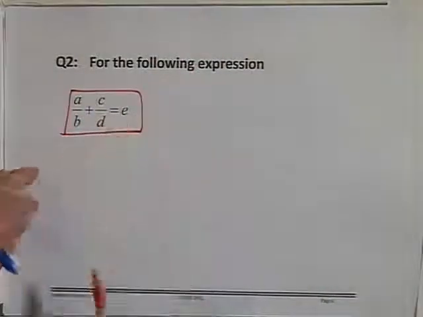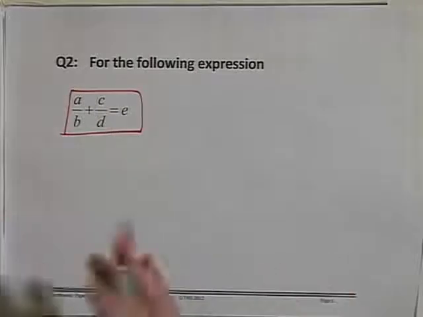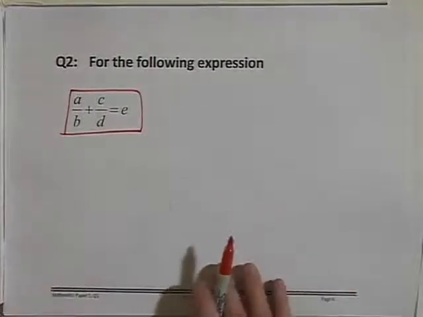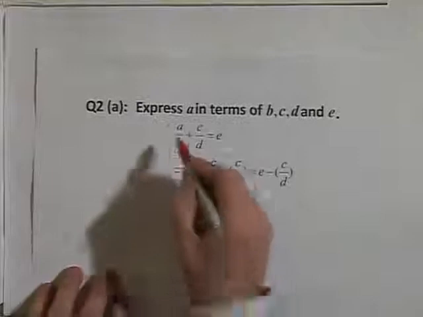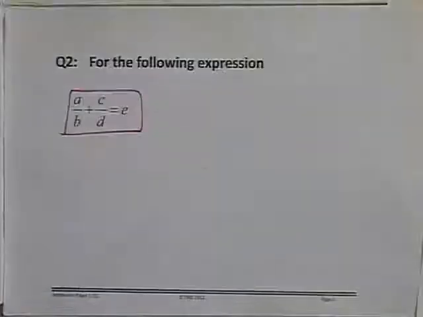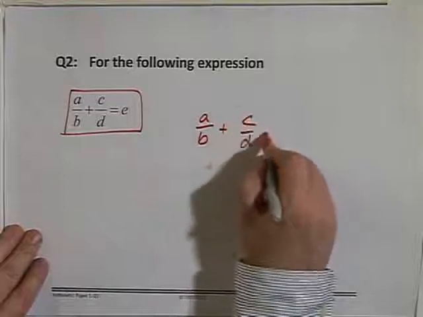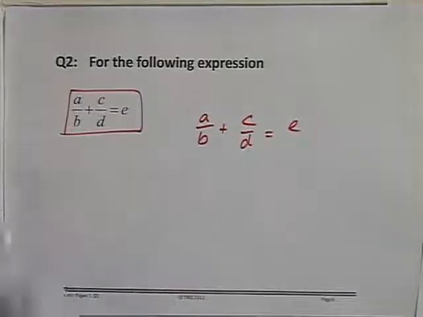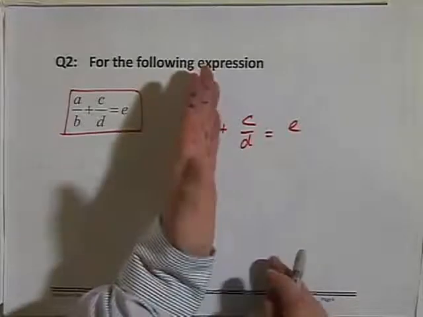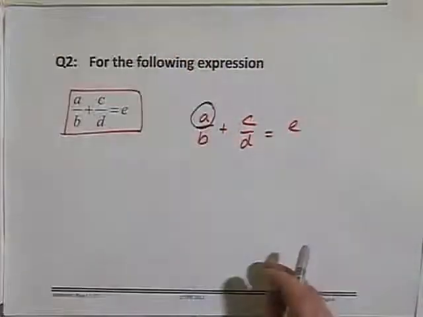Now we'll move on a little bit, and we'll say A over B plus C over D is E. So you have more on the left, and now I'm looking to express A in terms of that. So A over B plus C over D is E, and my field of interest is A. Well, all I'm doing is getting rid of anything I don't like on the left-hand side.